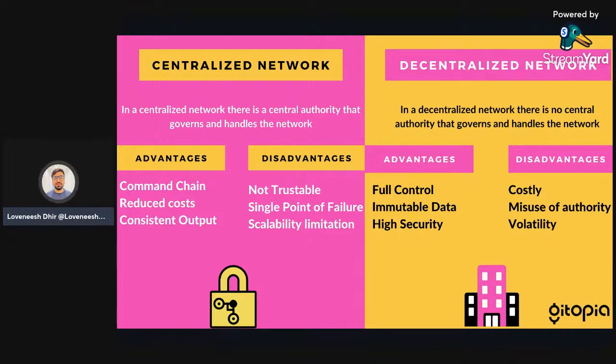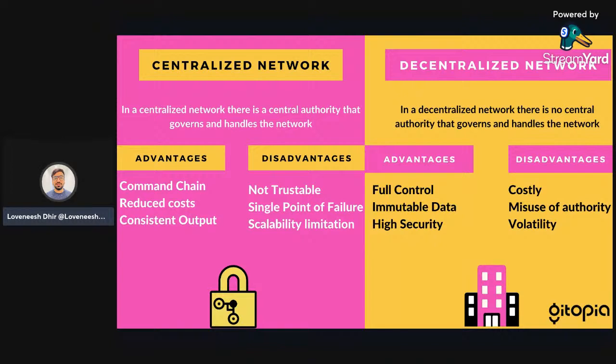The advantages of decentralized networks are, first, you get full control. One of the most significant advantages of decentralized networks is full control of data and full control of their transactions. Basically this means that they can start a transaction when they need to and when they want to do it, without any need to authorize it from a central authority.